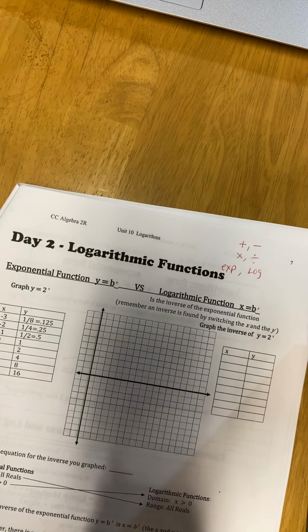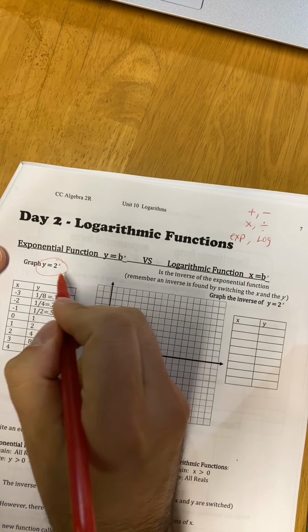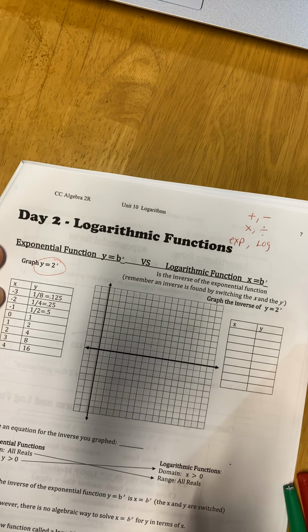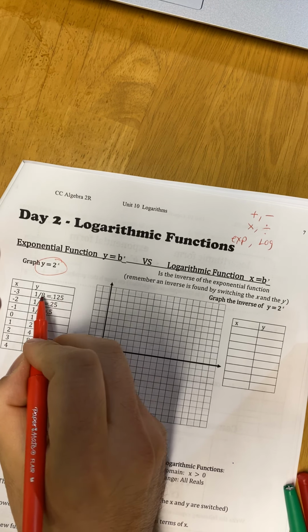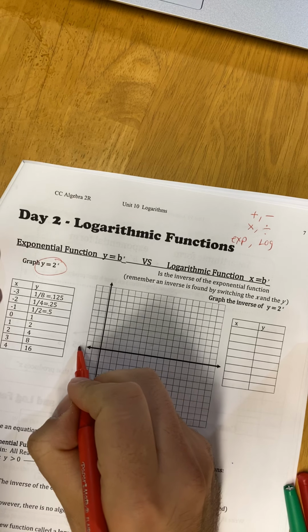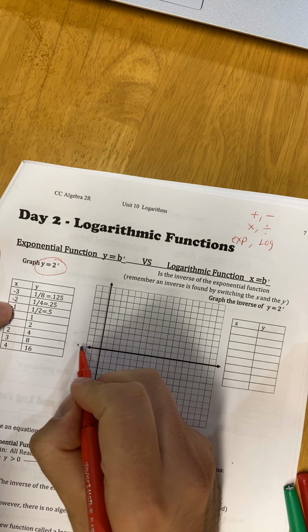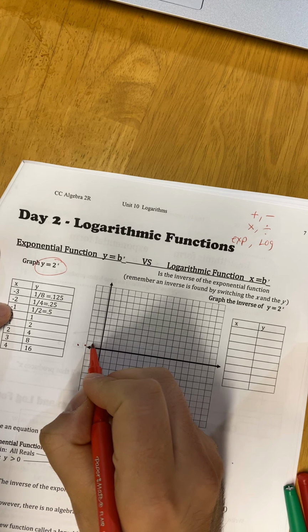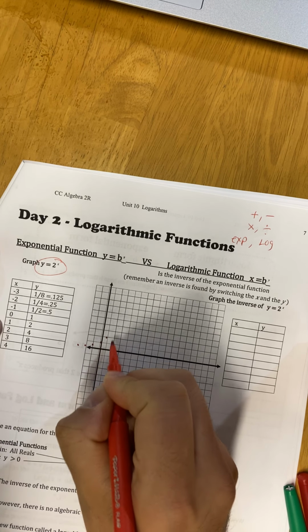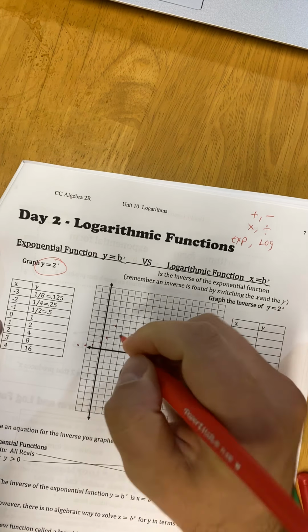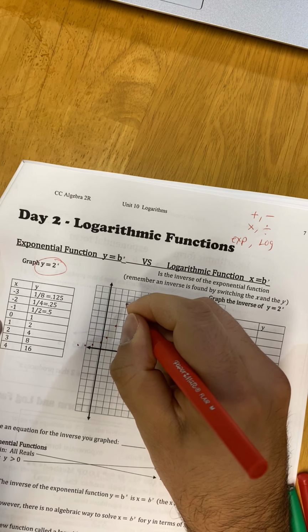Okay. So this graph right here, the graph of 2 to the x. So here's the table. At -3, I get 1/8. At -2, I get 1/4. At 0, I get 1. At 1, I get 2. At 2, I get 4. At 3, I get 8.